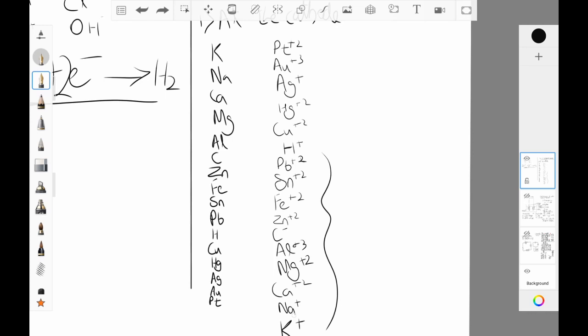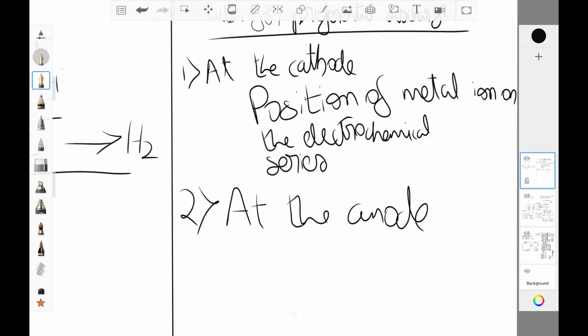The second rule is right. So the first rule applied to the cathode specifically. The second rule applies only to the anode. Now we have some solutions known as halides.